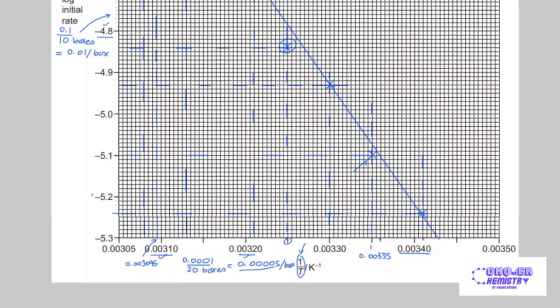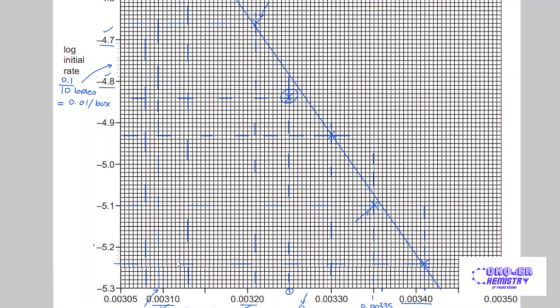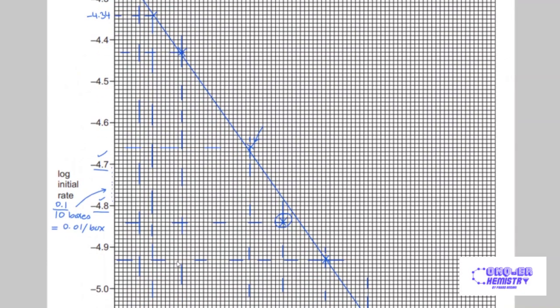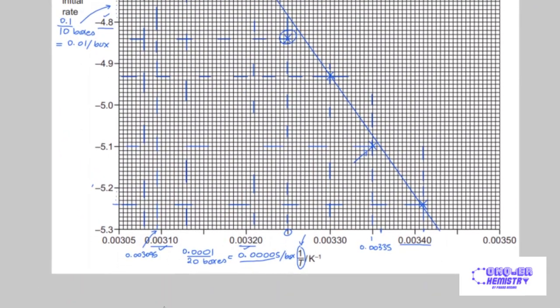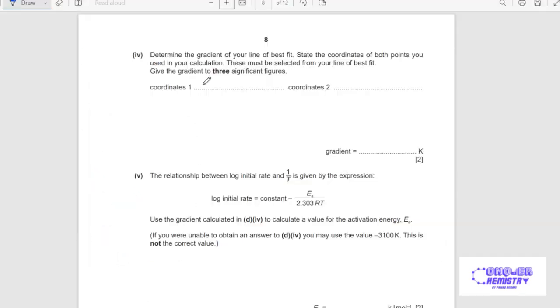So we have selected one pair of coordinates, and we're going to write this down before we forget. So it's going to be 0.003095. That's the x value. The y value is minus 4.34. So that's going to be our first ordered pair.